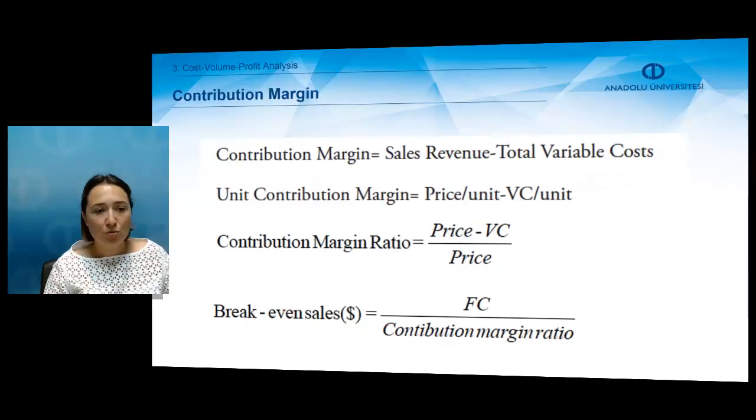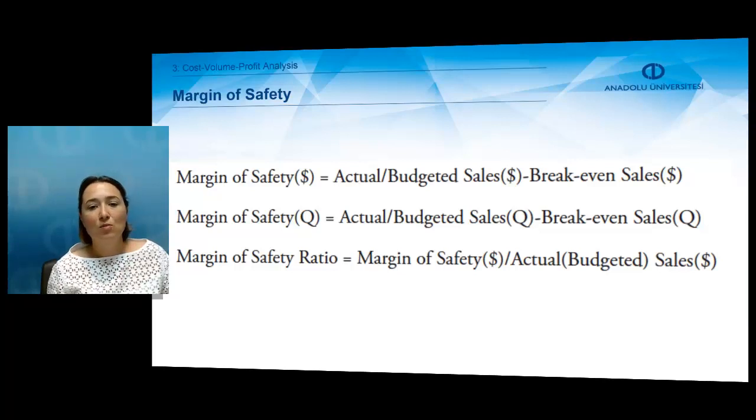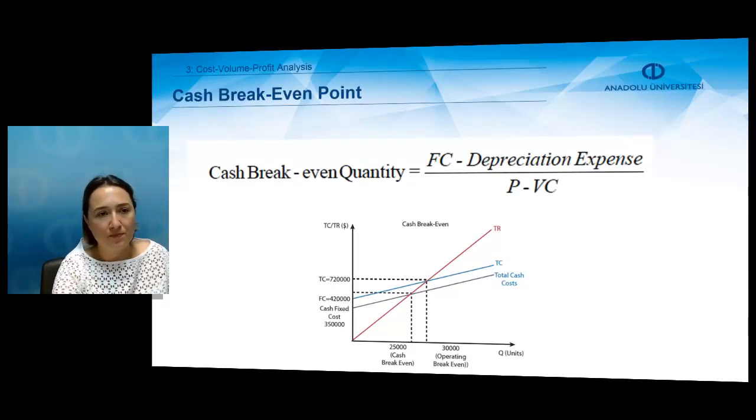Then we have contribution margin, which is sales revenue minus total variable costs. And we have margin of safety. It is actual or budgeted sales minus break-even sales, or actual or budgeted sales quantity minus break-even sales quantity. And lastly, in this chapter, we will talk about cash break-even quantity.